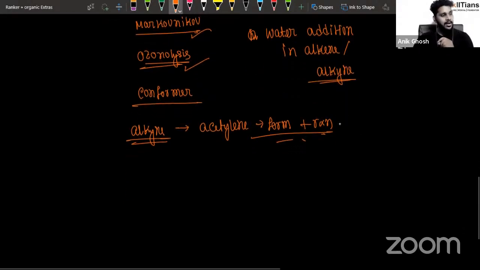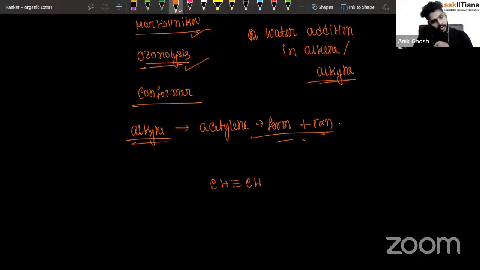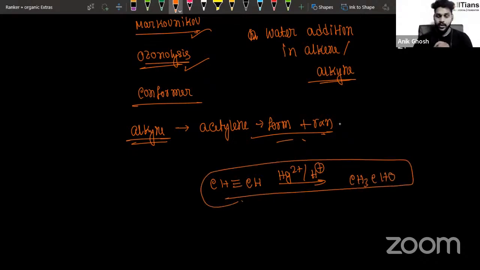In alkynes, if I start with the acetylene molecule, over there, if you give Hg2+ and H+, it would become CH3CHO. This reaction is very important. Now why is it happening? How is it happening? Just go through that part from the NCERT. And definitely, apart from this, go through the water addition in alkenes as well.